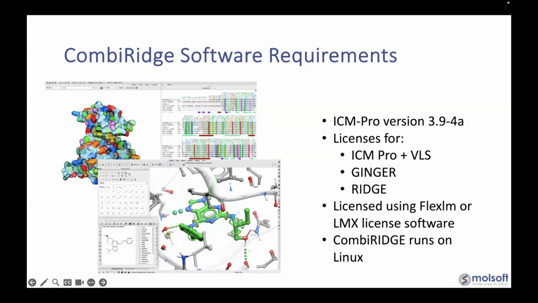You can refine the ligand using MD. We're not covering that today, but that's another option. There's also the 3D ligand editor, which we developed with medicinal chemists at Novartis, where once you have a hit from CombiRIDGE, you can improve it interactively in a 3D environment, make modifications and see the effect of those modifications on your ligand.